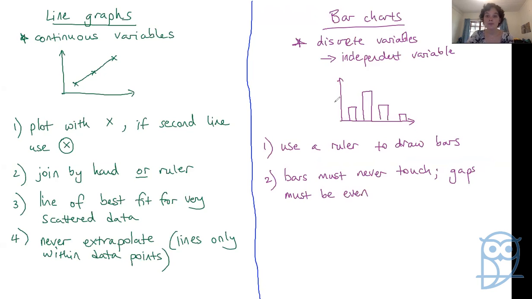So if you have a 5-block gap here, you must have a 5-block gap here, and a 5-block gap here, and a 5-block gap here. They must all be exactly the same. If you've got a second data set, you can hatch with them. But you have to keep that hatching very much within that bar. Don't get sloppy.